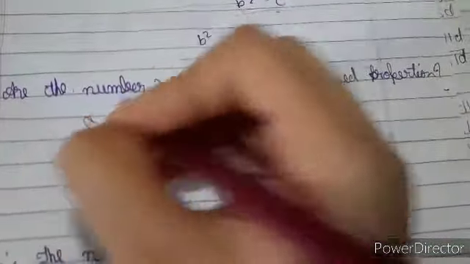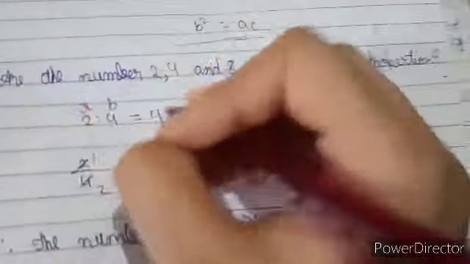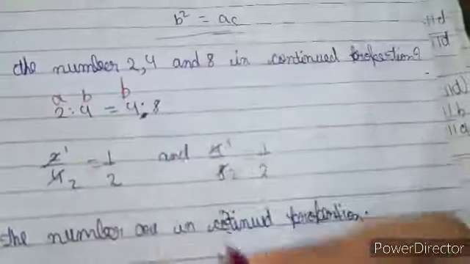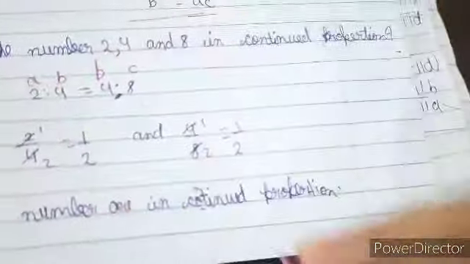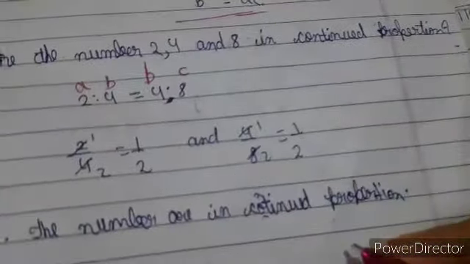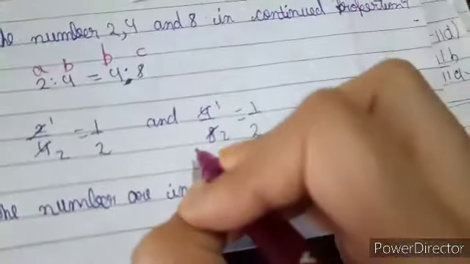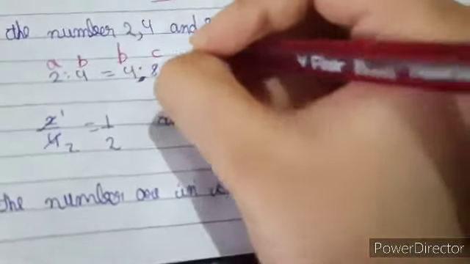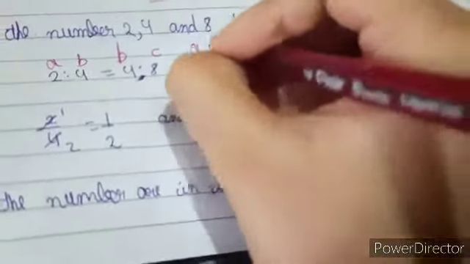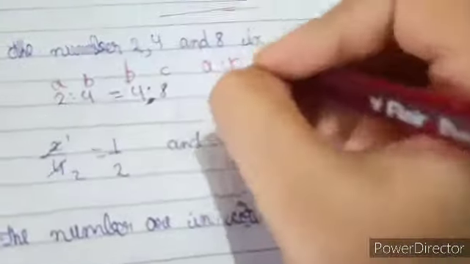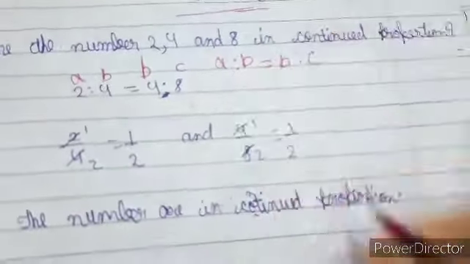Let us take this A, this B and B, and this is C. Here I have told you what the formula is. The formula for solving continued proportion is A is to B is equal to B is to C.